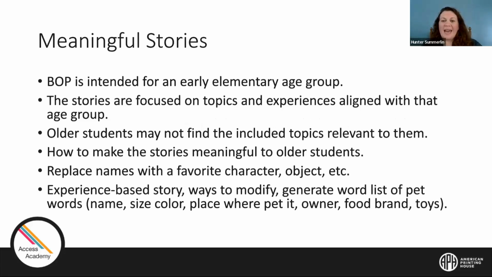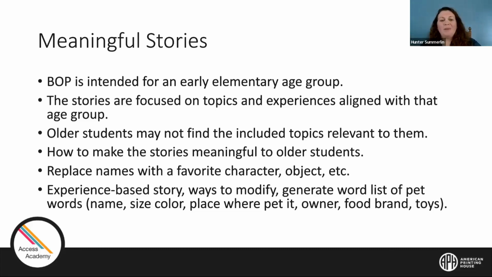You have Zach and Katie and Recess and the Little Red Wagon and all of that. And if you have an older student, they might think, I haven't really been interested in a Little Red Wagon in a long time. It's just not my thing. Or I haven't been to Recess in a really long time. I'm in the 8th grade now. So that's not really relevant to me.